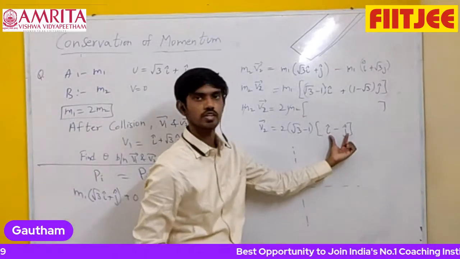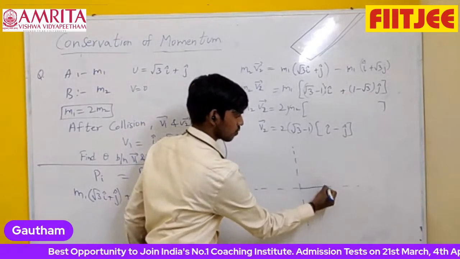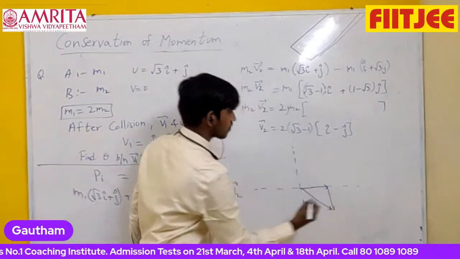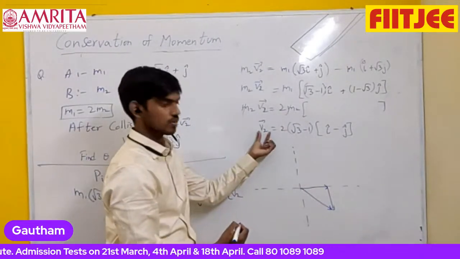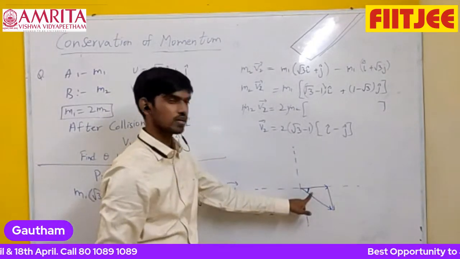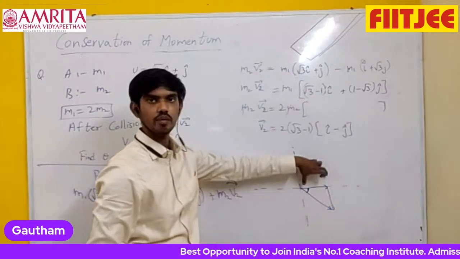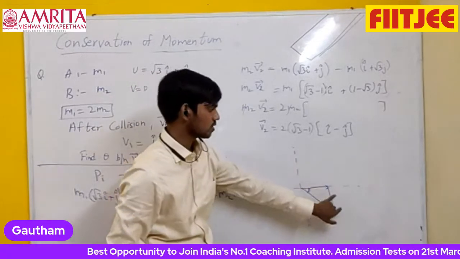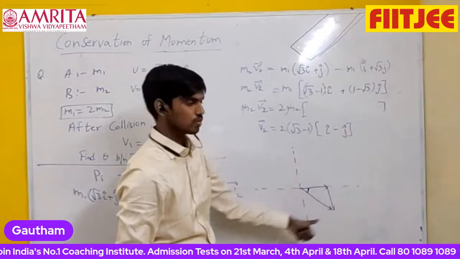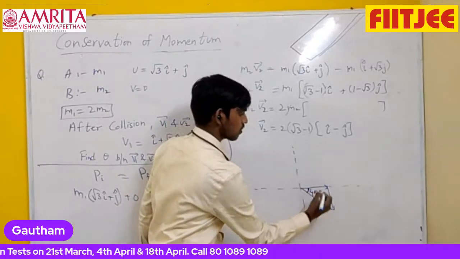What are the coordinates of i cap and j cap? 1 i cap minus 1 j cap. So 1 unit in the i cap direction and 1 unit in the minus j cap direction. So V2 will be pointing in this direction, and this angle will be theta. Tan theta is y coordinate by x coordinate, as we saw in the starting vectors chapter. Both have the same value, only the direction is opposite. Since it is opposite, this is below the x axis at an angle of 45 degrees.